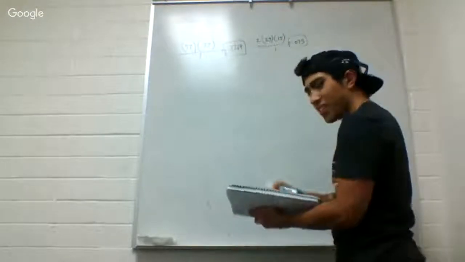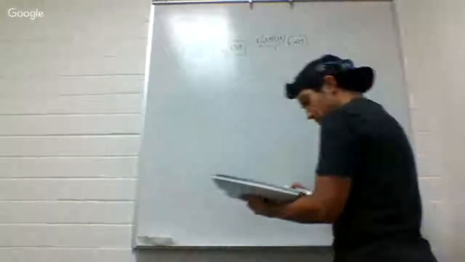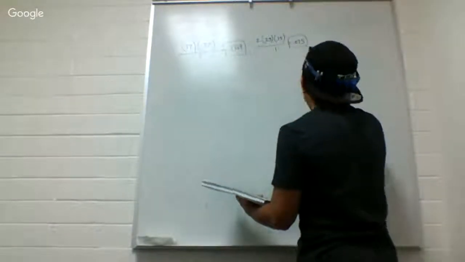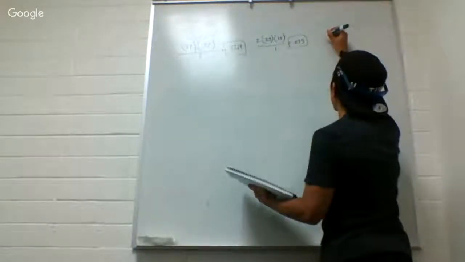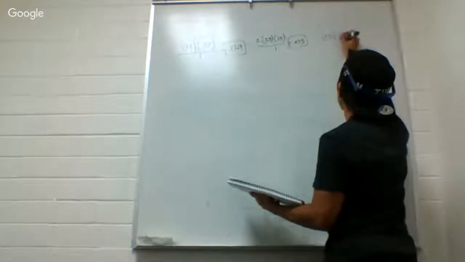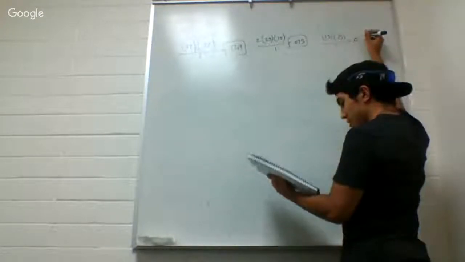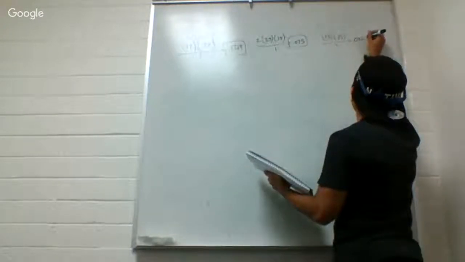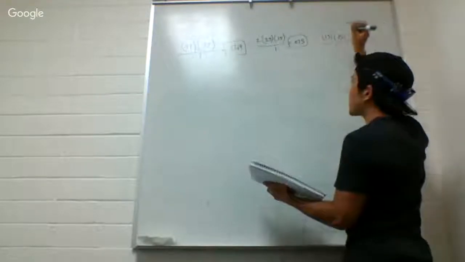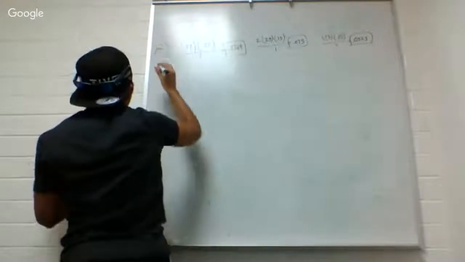There's our second frequency. And then our third one, for our albino dog, is very similar to the first one. We just do 0.15 times 0.15 all over 1, which will give us 0.0225. So here's our A.